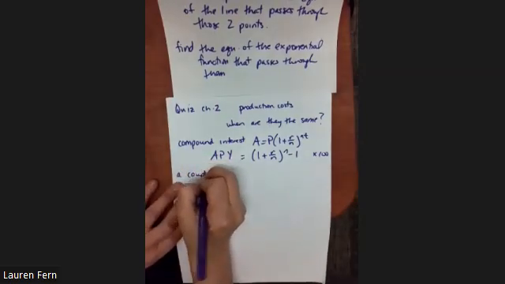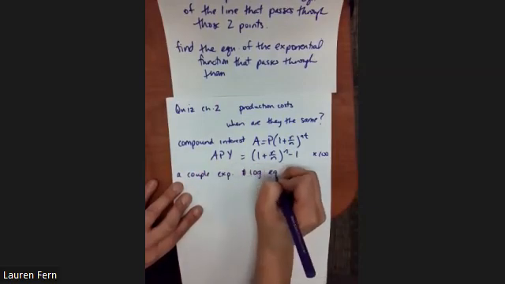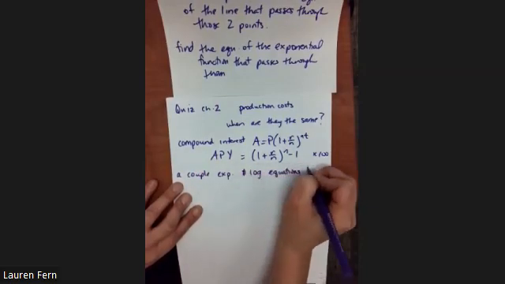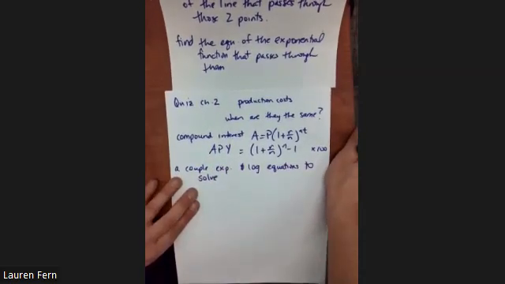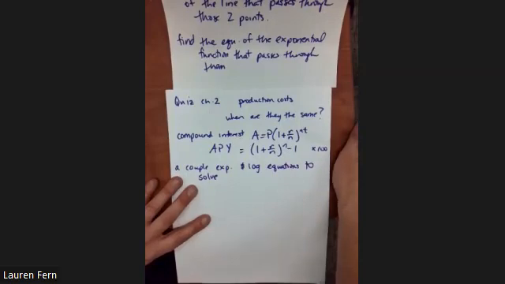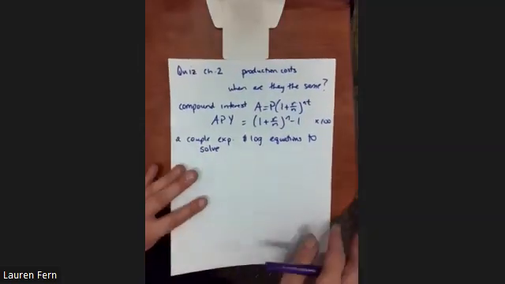You're going to have a couple of exponential and log equations to solve. And on the test, I tell you that you can either leave them in exact form, in other words, in terms of logs, or I'll say find it to like 3 decimal places or something like that.